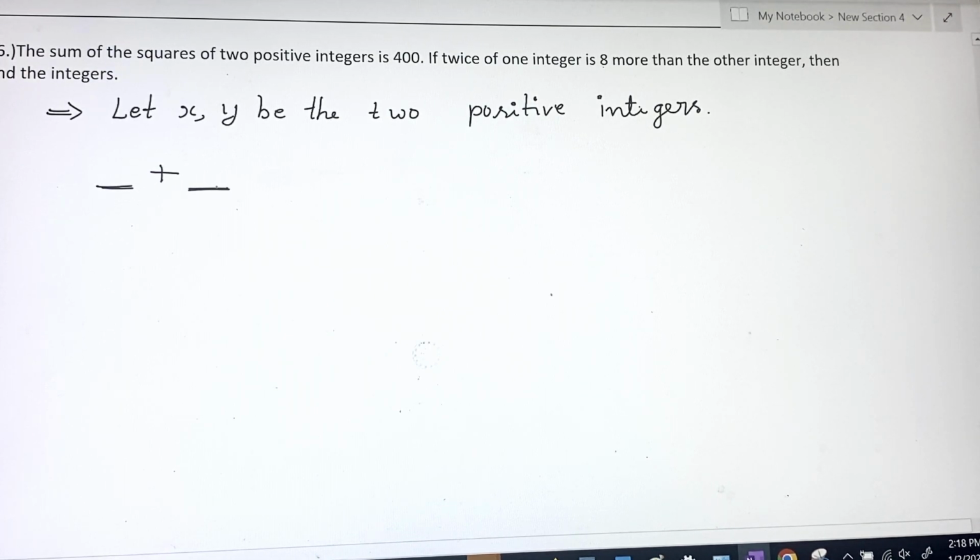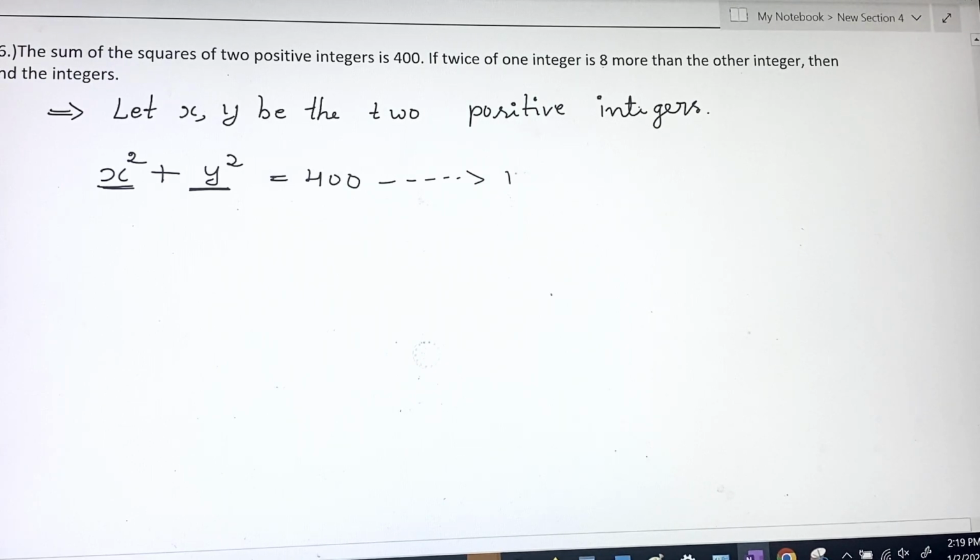Sum of squares of the two positive integers, that means we are adding the squares. What are the integers we have assumed? x and y. So the squares of these two, x square plus y square, is equal to 400. This is equation 1.